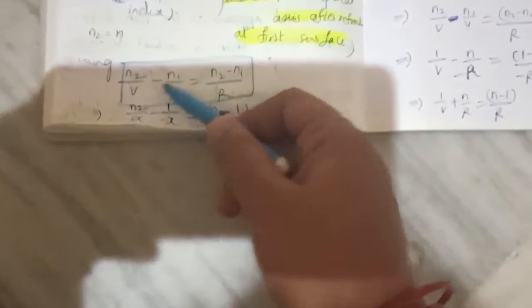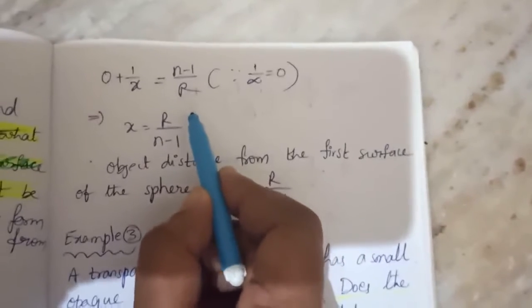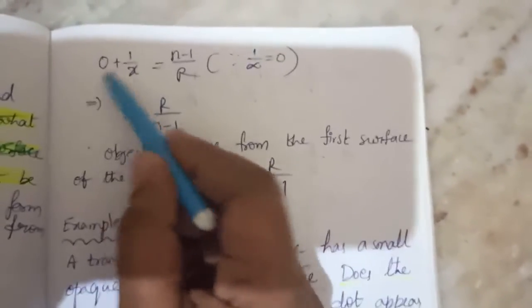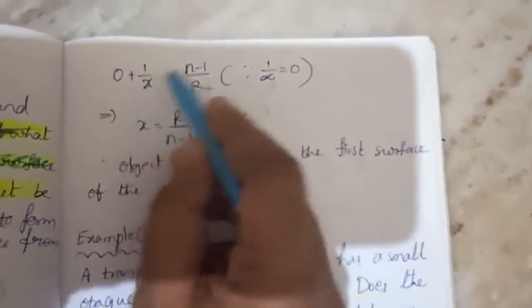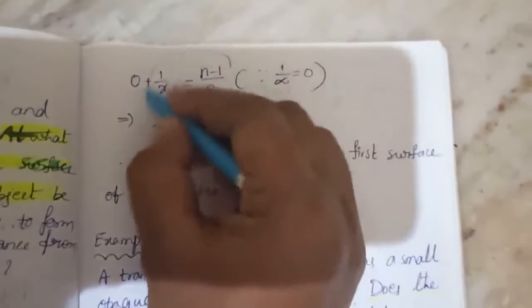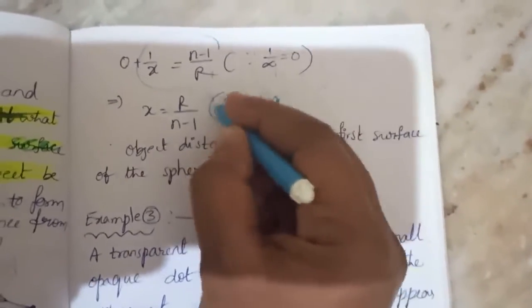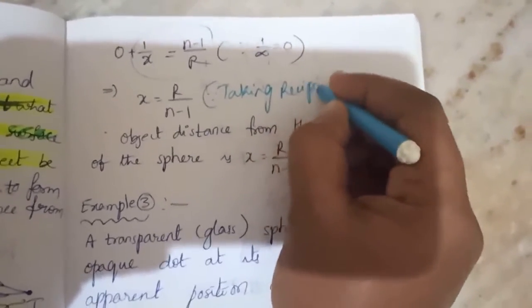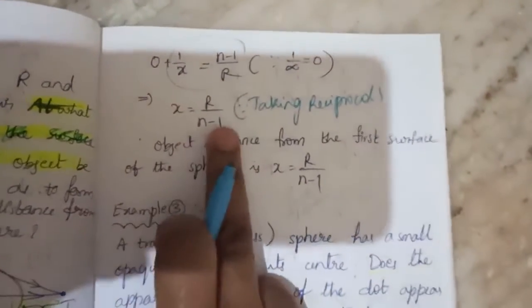Something by infinity we take as 0, so 0 plus 1 by x is equal to n minus 1 by r. Taking the reciprocal, object distance x is equal to r by n minus 1.